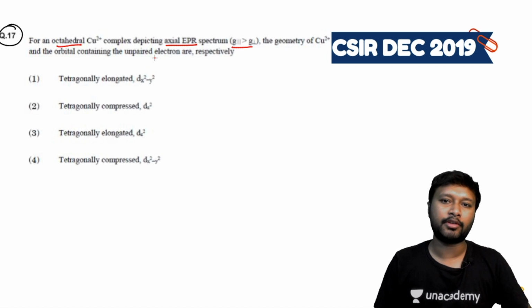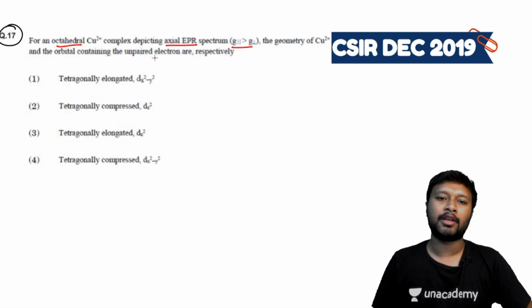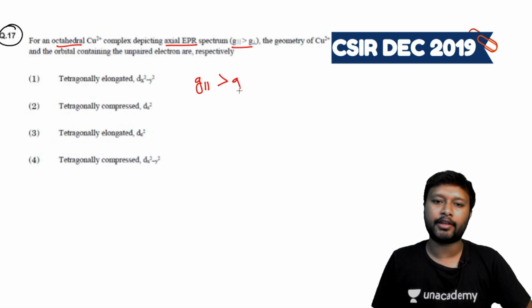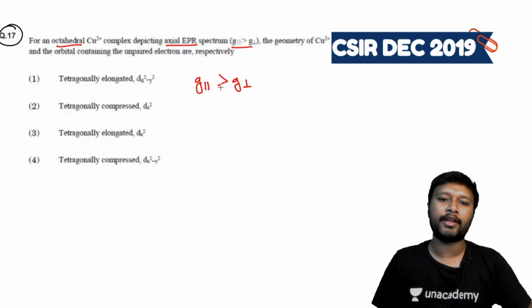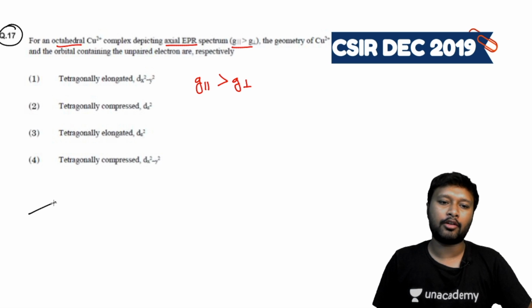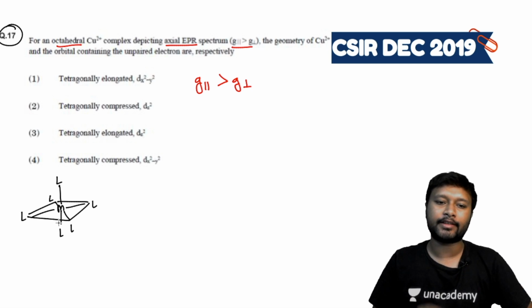Now once you understood this G parallel and G perpendicular concept, what you have to do here, see, since it is given that G parallel is actually greater than your G perpendicular, and if it is so, that means your electron density is along the Z axis. Why? Because you know that in an octahedral complex, if I draw an octahedral complex having these 4 ligands over here, and ligands on the axial directions, these particular ligands are along the Z axis, you know that, right?